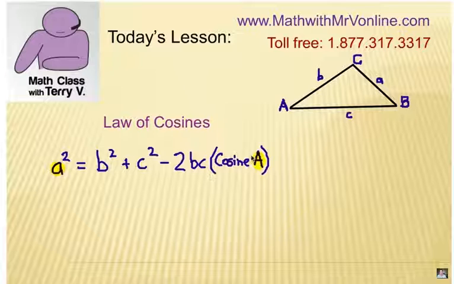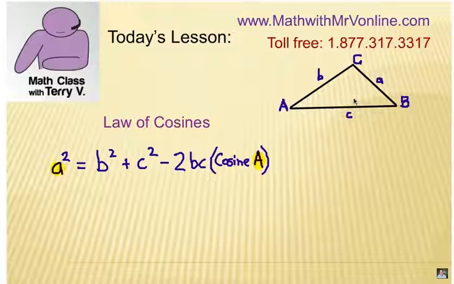And the other thing I want to tell you is that instead of using law of sines, what you need to do is figure out what kind of information is given in the triangle. There's two cases where you'll use the law of cosines. That is, if all you're given is the length of the three sides, a, b, and c, and you need to start to figure out what the angles are, that would be law of cosines. Now it's going to take you 2 steps, but that's how you would do it.